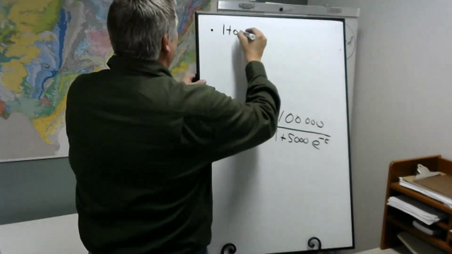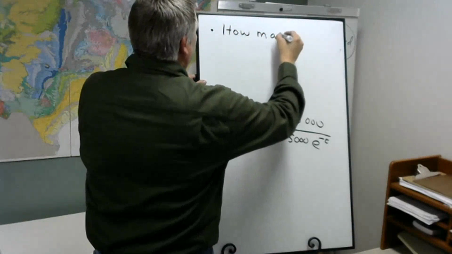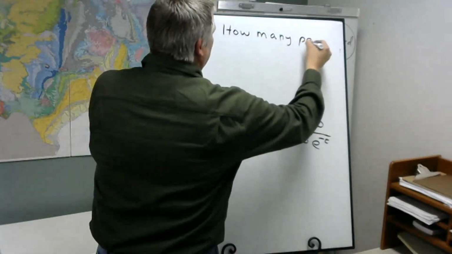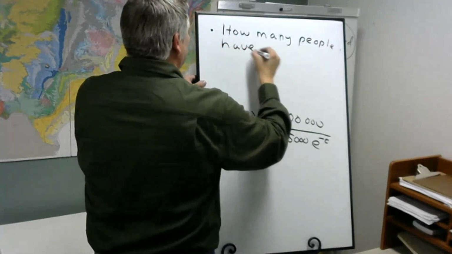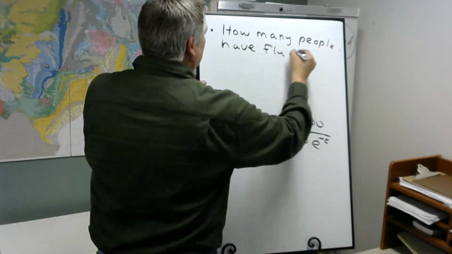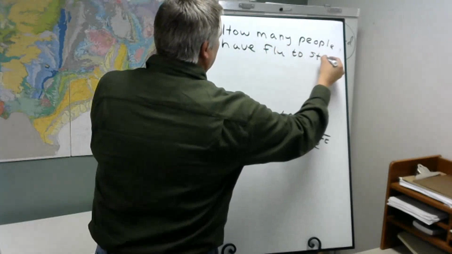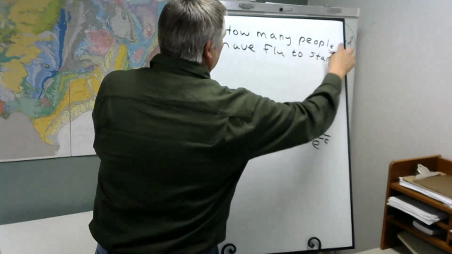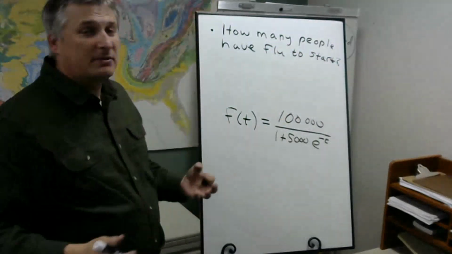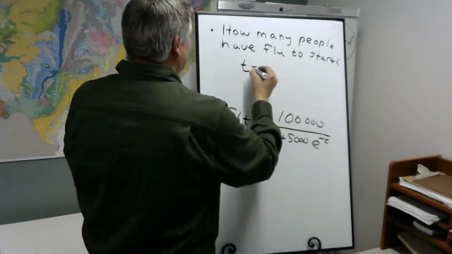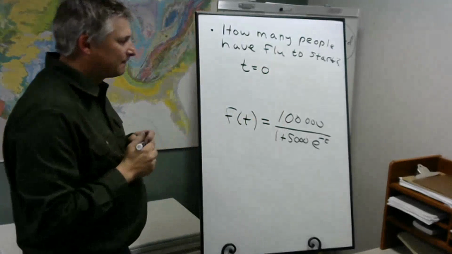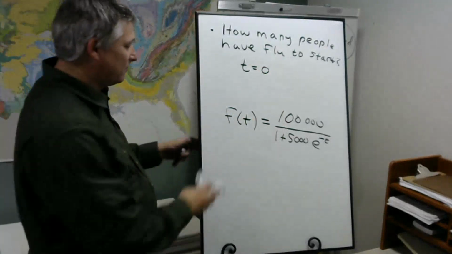How many people have the flu to start? Well, that is T equals 0. So we want to look for f of 0. What is that?